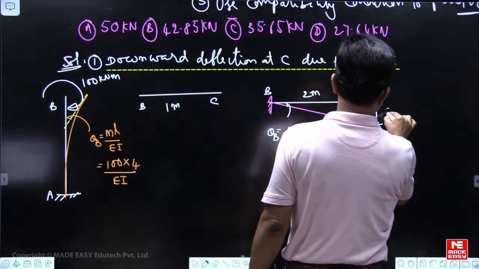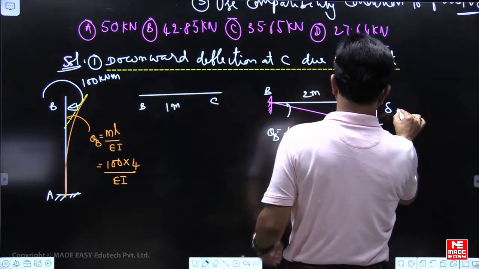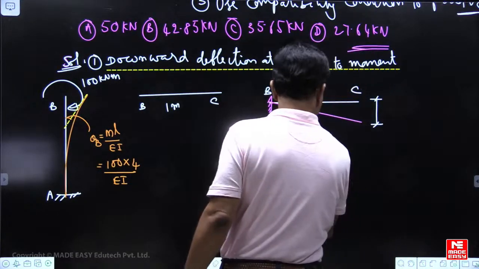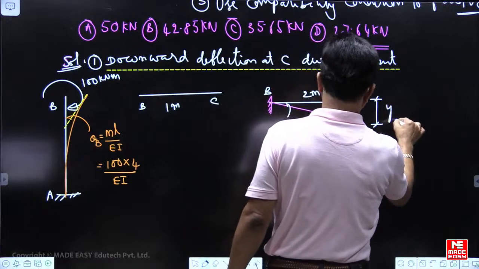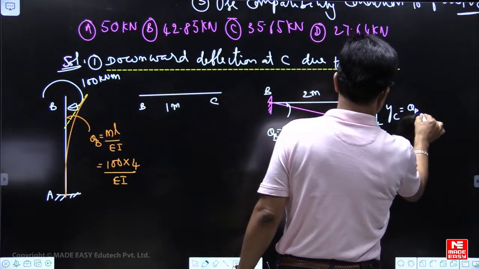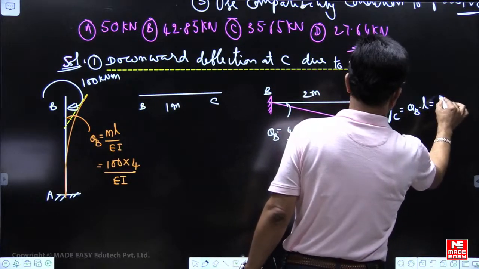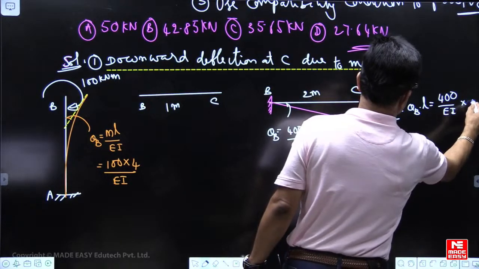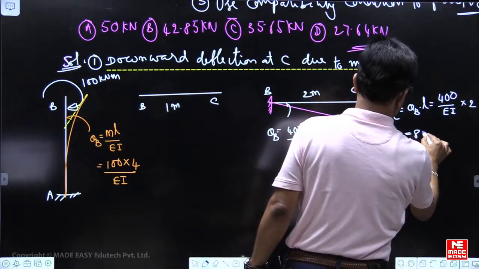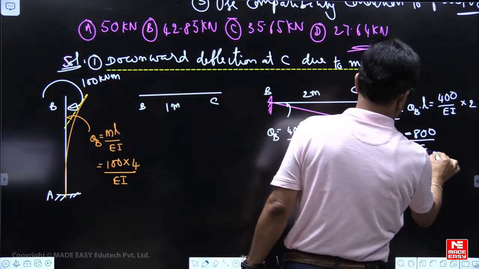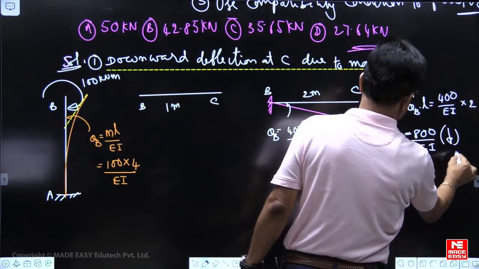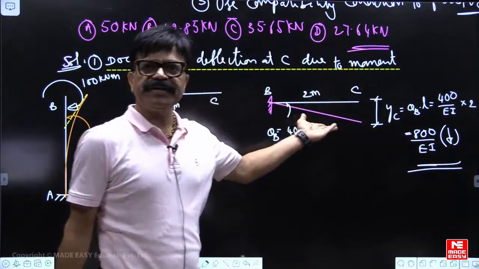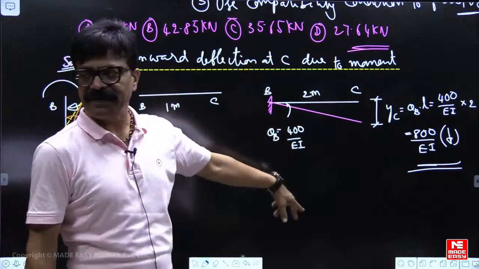Vertical deflection at C. This is what you have done in strength of materials, 800 by 8 downward.